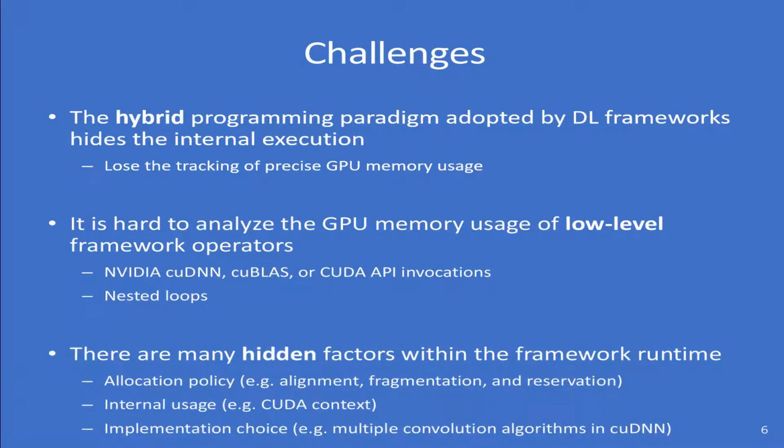There are many hidden factors within the framework runtime: the allocation policy, such as alignment, fragmentation, and reservation; the internal usage, such as CUDA context; and implementation choices, such as multiple convolution algorithms in cuDNN.